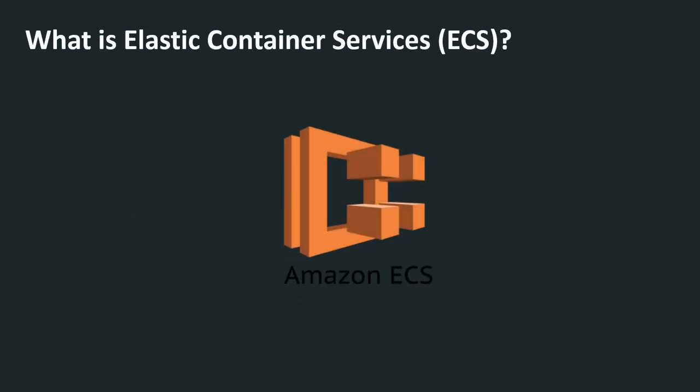So, ECS, being an orchestration for containers, will manage the whole life cycle of a container: when you start the container, if it needs to get rescheduled somewhere, if it needs to get restarted, load balancing, etc. So how does this service actually work on AWS?